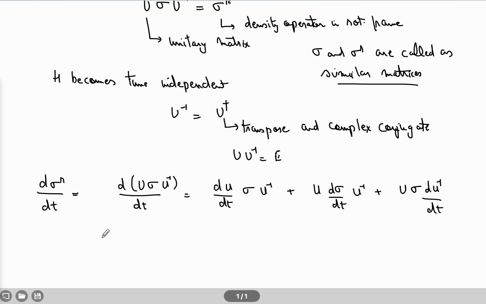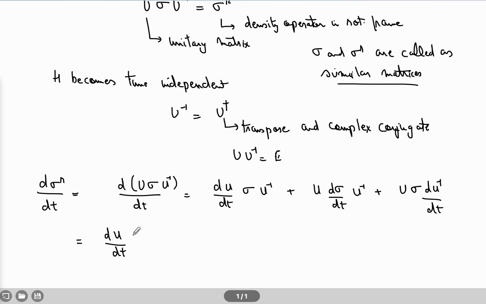Okay, now what I will do is insert U inverse U here. I can multiply anything by 1. Identity is basically like multiplying by 1.